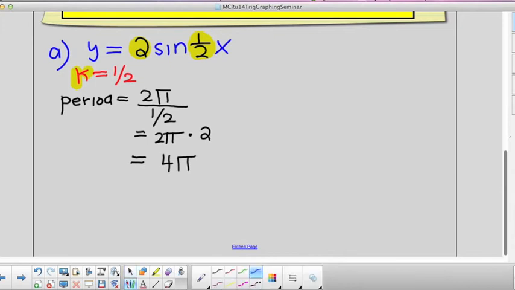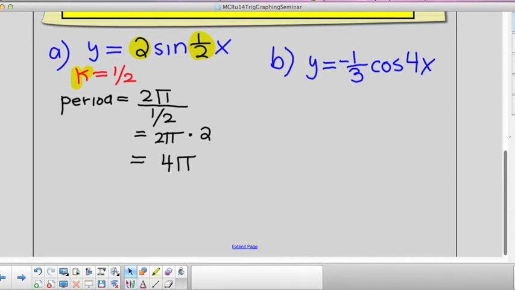Let's do another example. So if I have y is equal to negative 1/3 cos 4x. Now the negative 1/3 tells me that the graph has been vertically compressed like this. So the maximum and minimum is going to be less than 1 and negative 1.